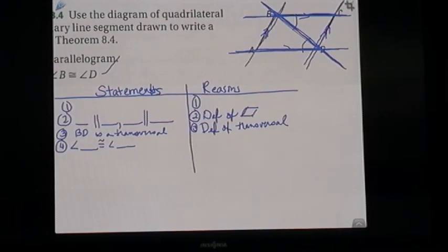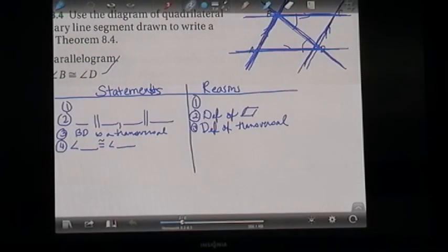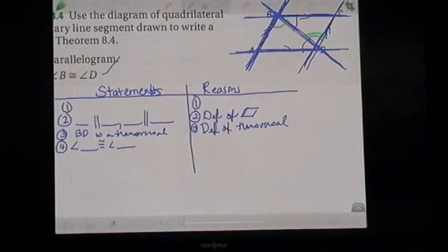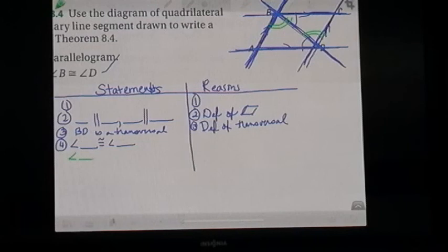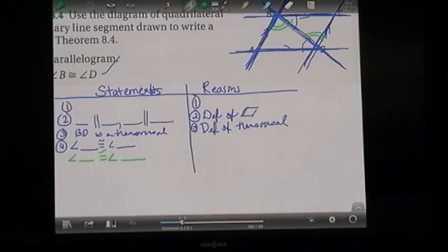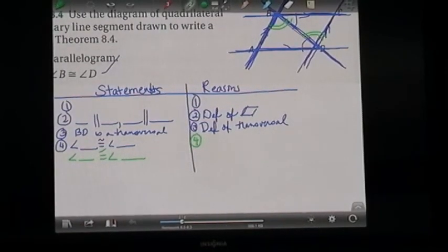Looking the other direction, you have another set of parallel lines. So you have another set of interior angles right here. And you're going to name those angles. Three letters to name those angles. Angle what is congruent to angle what. And you're looking in that section 3 if you don't have it on your theorem list.